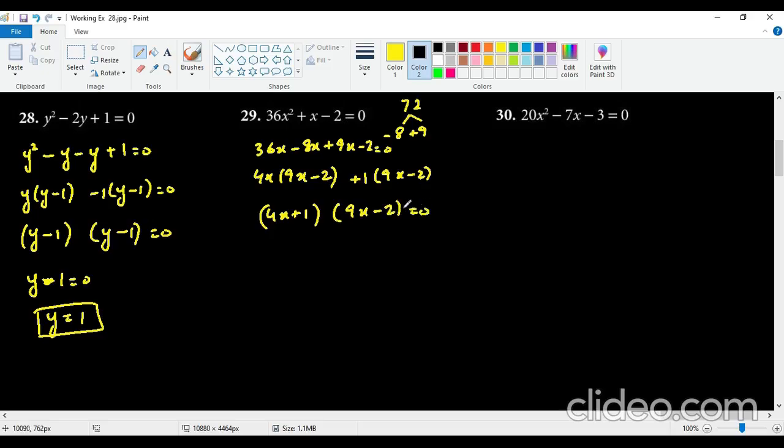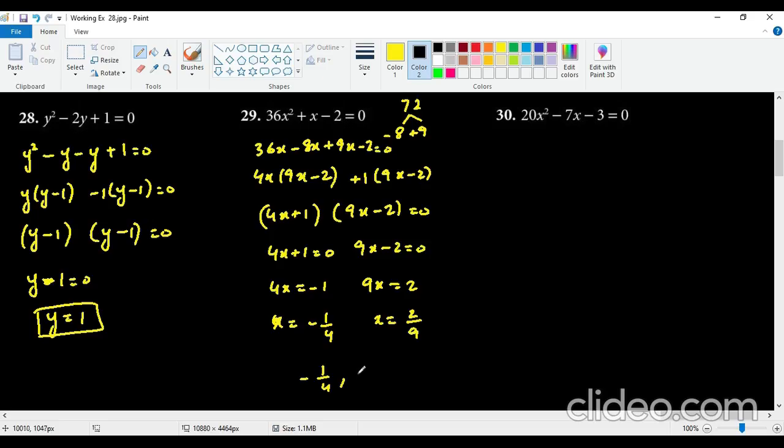So the first one is equal to 0 and 9x minus 2 also equals 0. So 4x will be equal to negative 1 and 9x will be equal to positive 2, and now x is equal to negative 1 over 4 and x is equal to 2 over 9. These are the two values that you get for this question. So minus 1 over 4 and 2 over 9 are the two answers for this question.